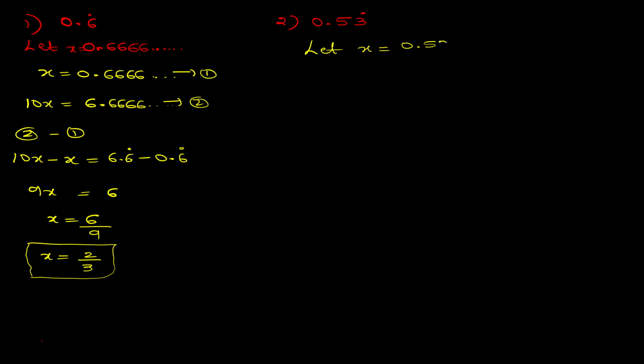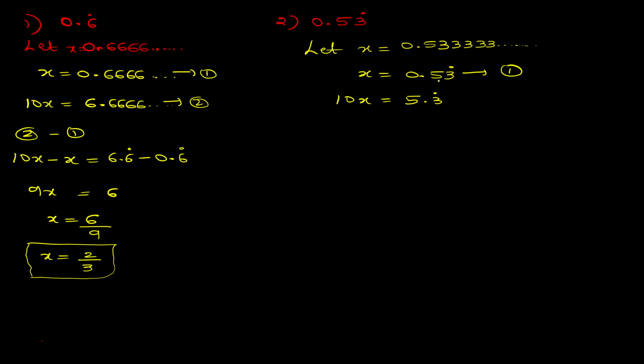So it is written as 0.5333, where 3 is recurring. So let x be equal to 0.5333, or I can just write it as x equals 0.53 with the dot. Take the given equation as equation 1 and multiply it by 10. When I multiply by 10, the value changes to 5.3 with the dot.